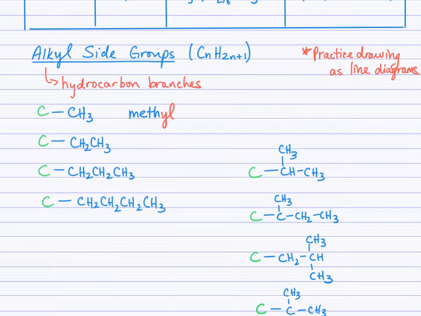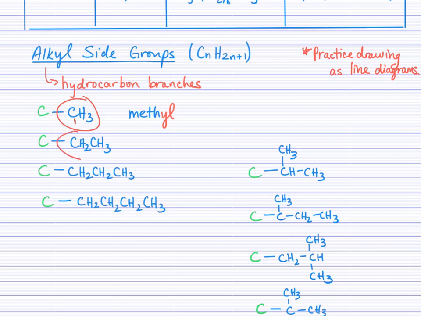I have not drawn the rest of the parent chain, just so that you understand that this is attaching to the parent chain. So you can see that the CH3 has been called methyl. Meth because there is 1 carbon in this side group. There's 1 carbon, and so a 1 carbon side group, methyl.